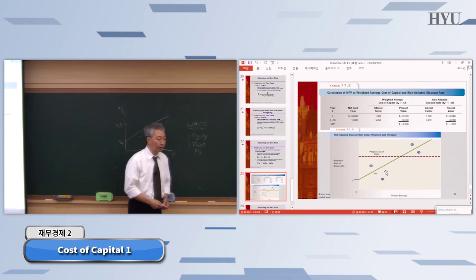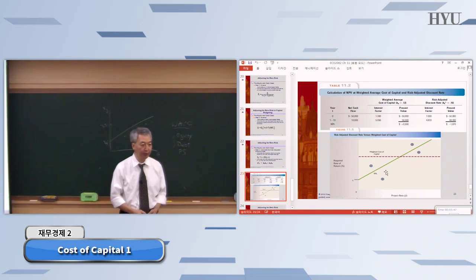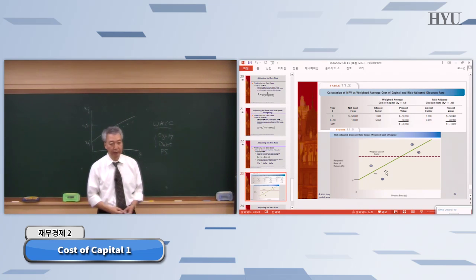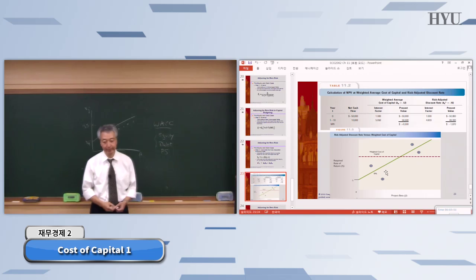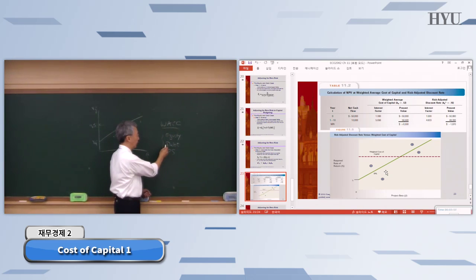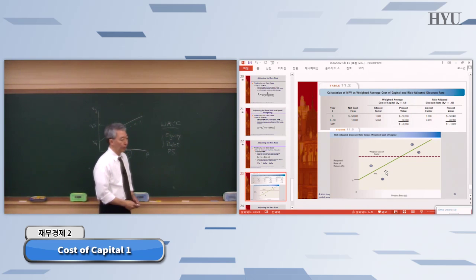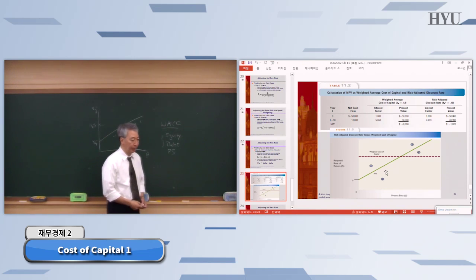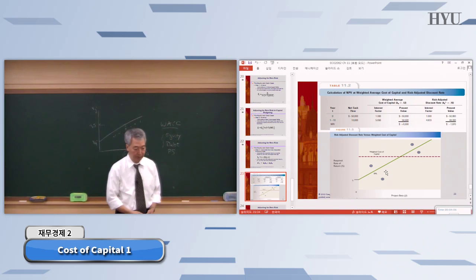When you are interested in any new project, the question is how do you raise the funds? When you raise funds using equity, debt, or preferred stock, what is the cost? In other words, what interest payments do you have to make on those types of capital?